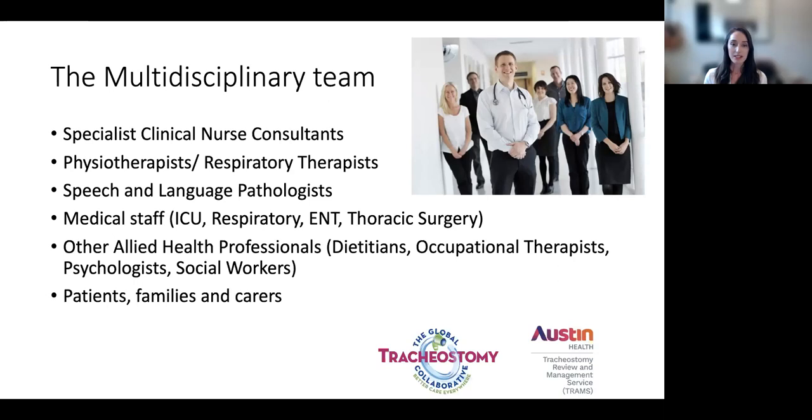Each member of the multidisciplinary team has unique skills that they bring, whether it be in maintenance of a patent airway, tube choice, assessment and management of communication and swallowing, and decannulation decisions. Patients, families, and carers are certainly central within this team.